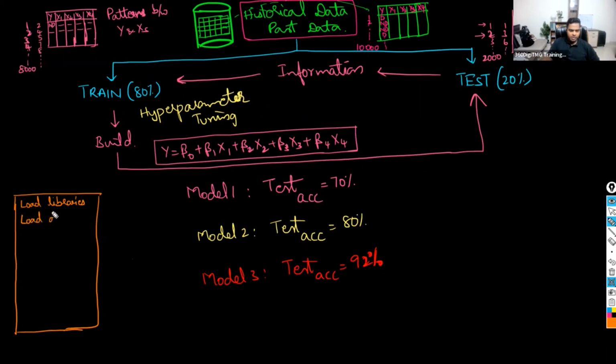Then you load the dataset. Either it's a CSV file or Excel file, or from some database, you're trying to pull the data into Python. Then you perform data pre-processing or data cleansing. Once you're done with data cleansing, you perform model building.